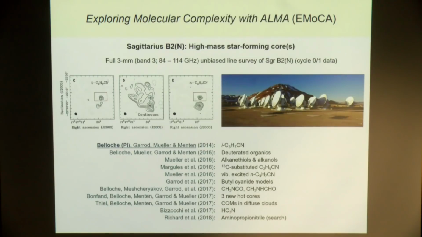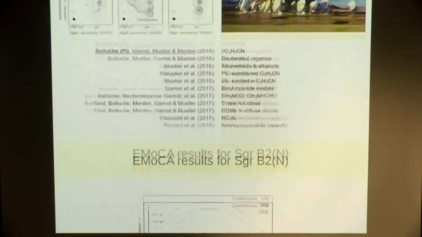This is an ALMA project called EMoCA, or Exploring Molecular Complexity with ALMA. We were looking at Sagittarius B2, this really rich source, and we detected a lot of molecules. The one I'm going to talk about in particular is this one. This is actually the first publication we got out of this work.